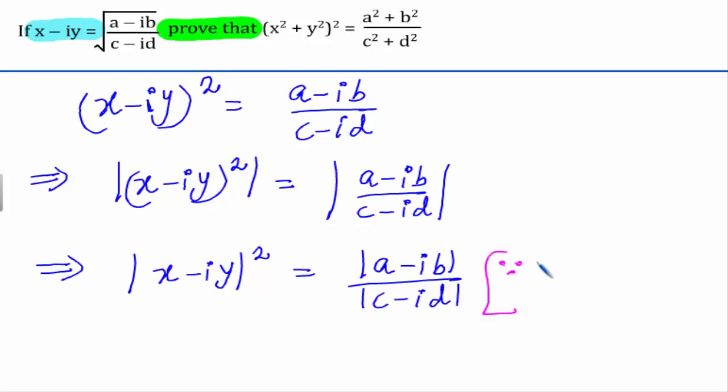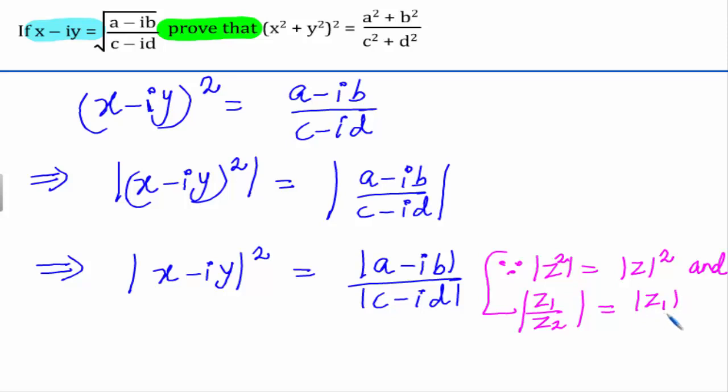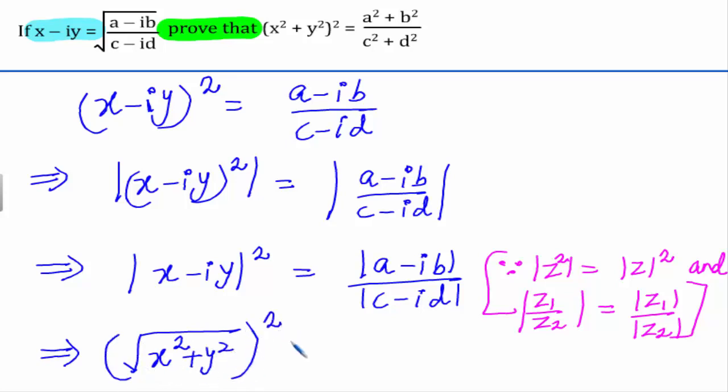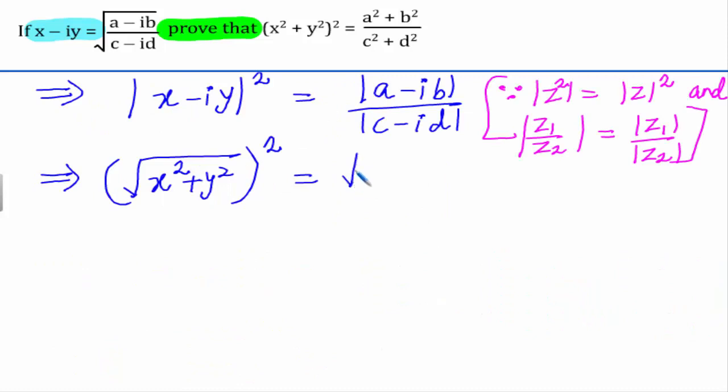Since modulus of z square is equal to modulus of z whole square, and modulus of Z1 divided by Z2 is equal to modulus Z1 divided by modulus Z2. This further implies root over (x square plus y square) the whole square is equal to root over (a square plus b square) divided by root over (c square plus d square).